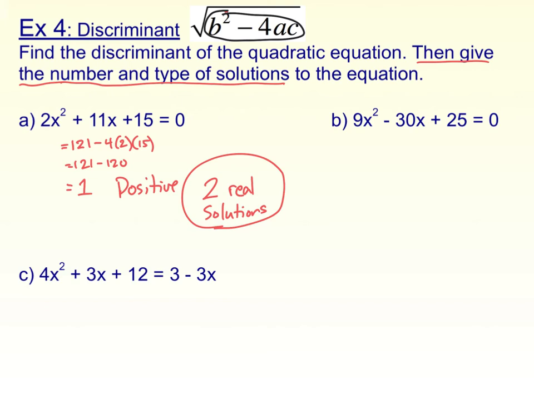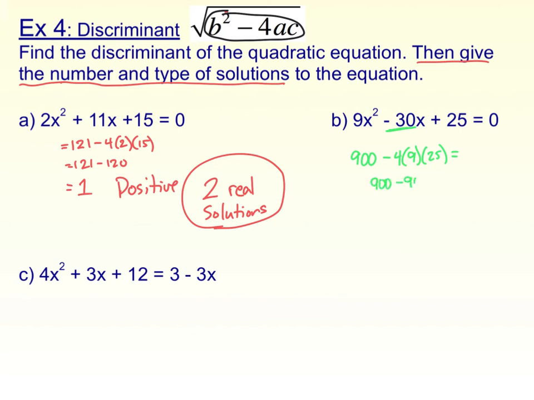Again, we're only doing the b squared minus 4ac. So b is negative 30. If I square that, I would get 900 minus 4 multiplied by 9 multiplied by 25. And that's going to be my discriminant. All right. And if you do 4 times 9 times 25, that actually ends up being 900.